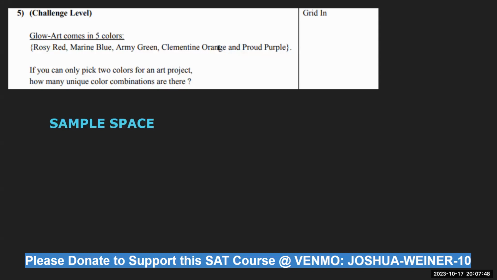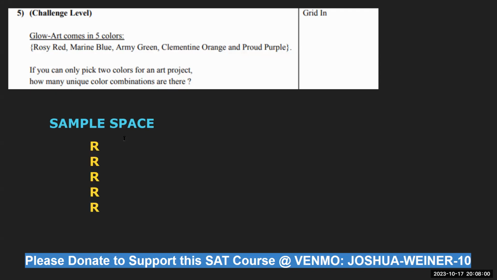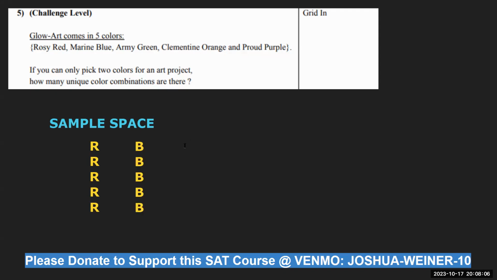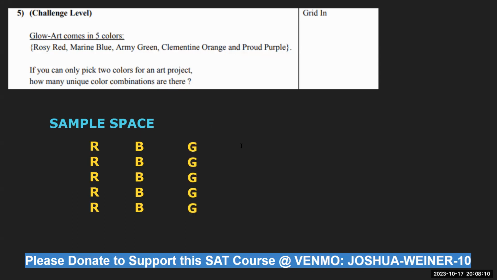If you look at the sample space of combinations for small sets like this, you can see all the possible color combinations. And I'll do it like this. First, we have red, which can combine 5 different ways. Then we have blue. Then we have green. The next color was orange.